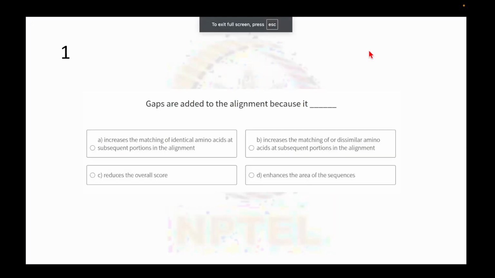So the first question is, the gaps are added to the alignment because they increase matching of identical amino acids at subsequent portions in the alignment, or increase the matching of dissimilar amino acids at subsequent portions in the alignment, reduce the overall score, or enhance the area of the sequences. So why have gaps been added?